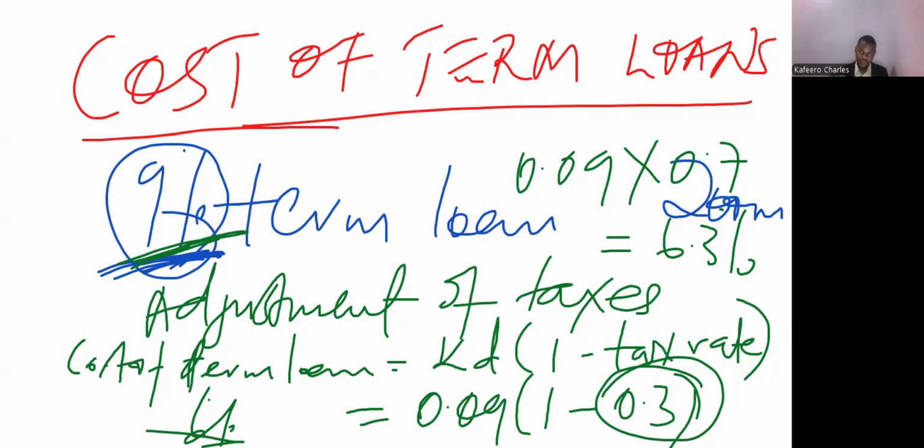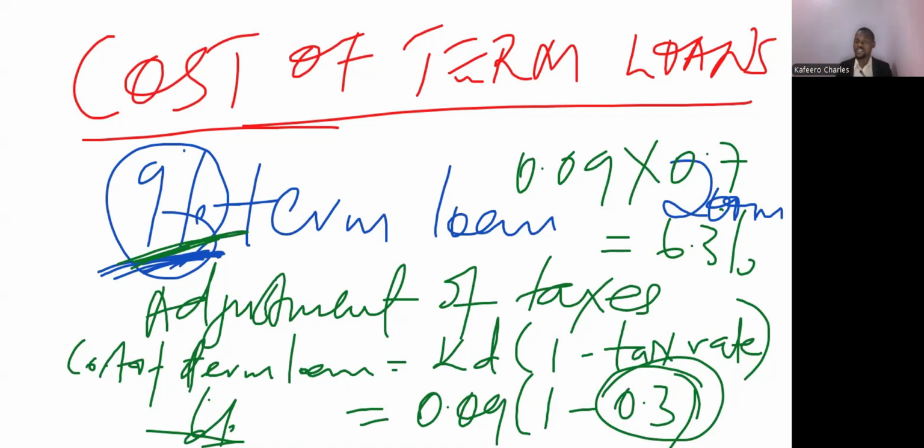However, as per the paper, the examiner has to tell you. So you have to be mindful about the tax. If the tax has not been told, don't assume, but you have to understand that tax is a big issue as far as advanced financial management is concerned, especially when you are looking at the cost of debt.